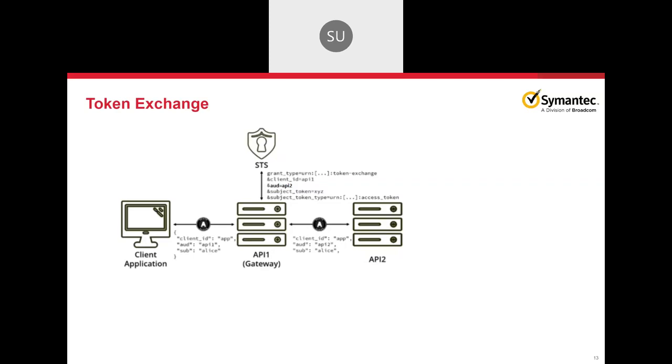So in the diagram, we can see that the original token has audience API 1, so it accessed API 1, but the resource server needs to access another API. So it has to exchange the original token for a new token. So it called the authorization server with the token exchange grant and audience as API 2. Then it gets a new token and uses that token to call API 2. So this is about token exchange.